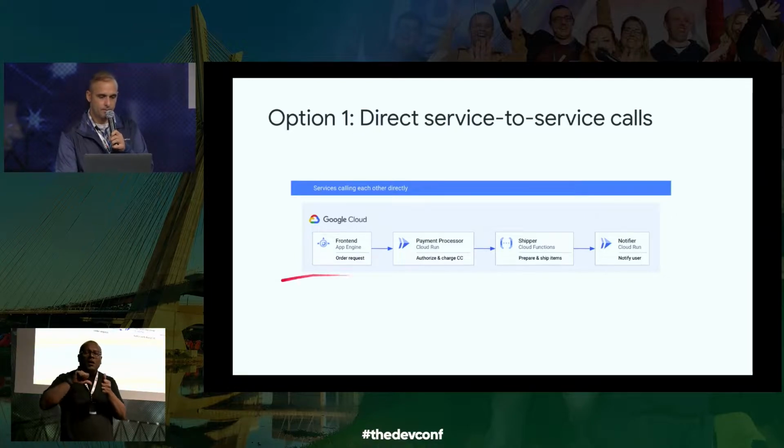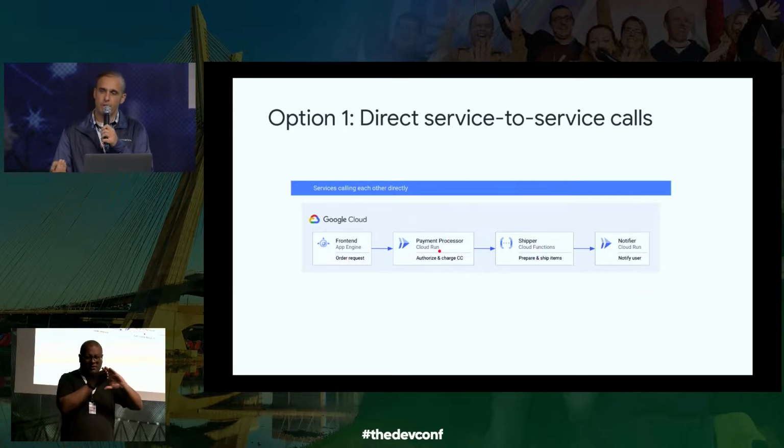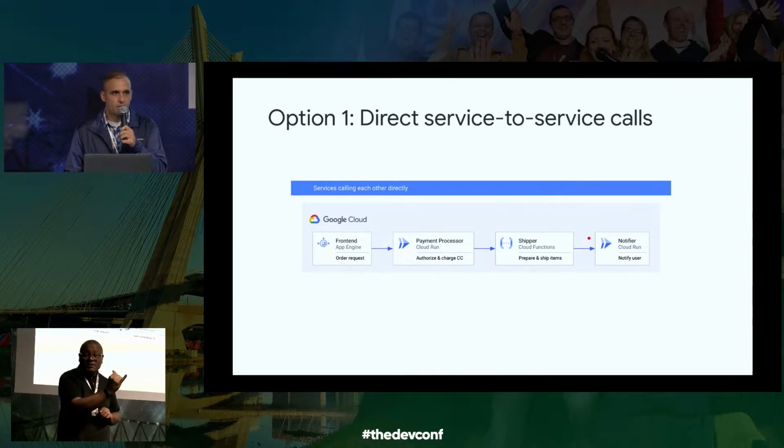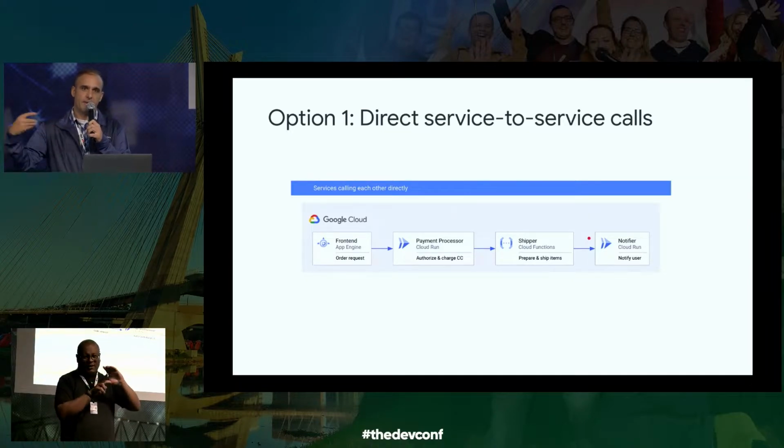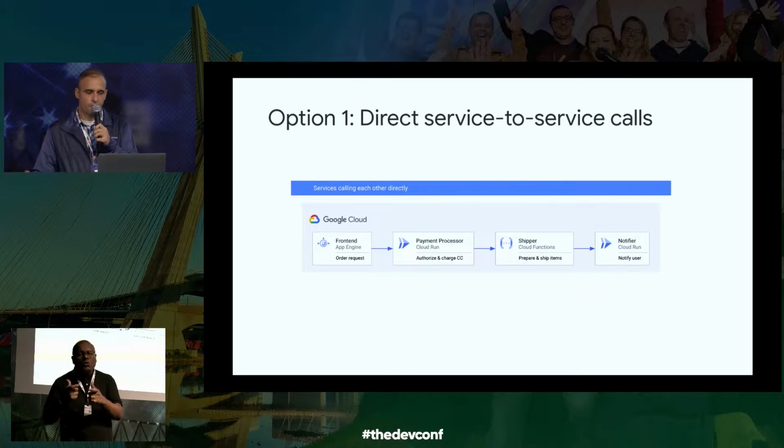In this model, maybe you have a front end that receives the requests from the users. Then maybe you have a payment processor that processes the payments. Then maybe you have a shipper that figures out the details of shipments to the users. And then maybe you have a notifier that notifies the user that the things are being shipped and delivered and so on and so forth.